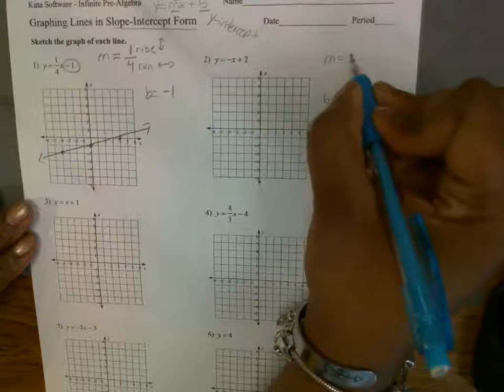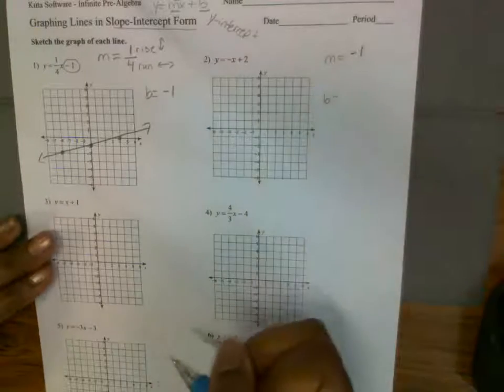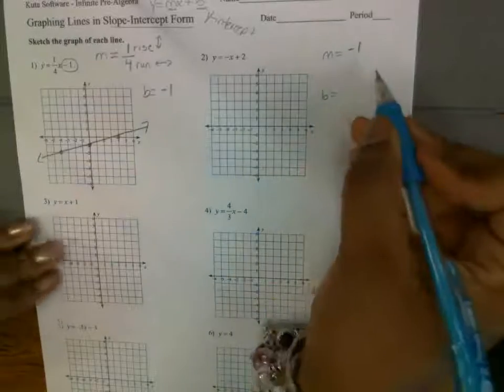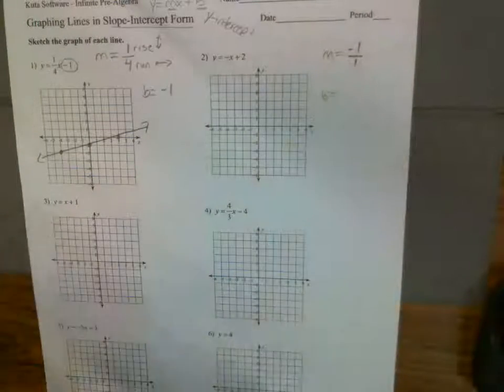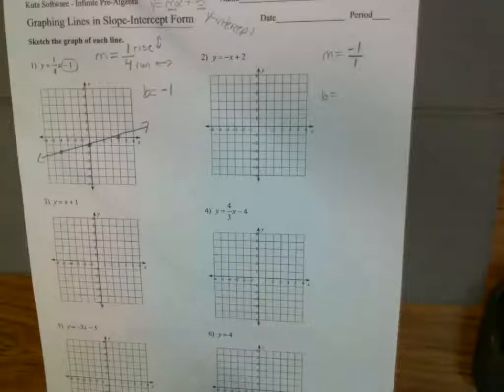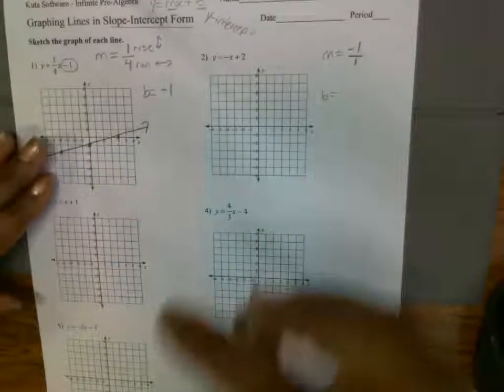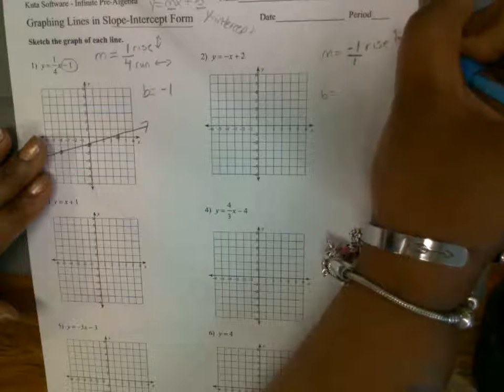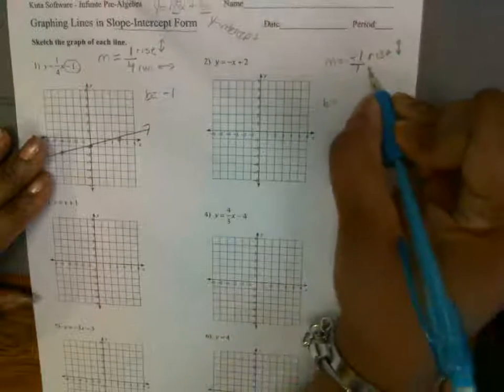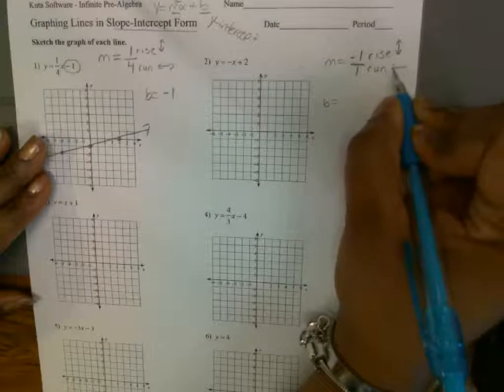So I put a -1 here. To write m as a fraction, all you do is just put a 1 under it. So now you have a fraction because you need a fraction for slope so you can graph it. The top number is going to be your rise. That's your up and down. Your bottom number is going to be your run. That's how far you go to the left or to the right.